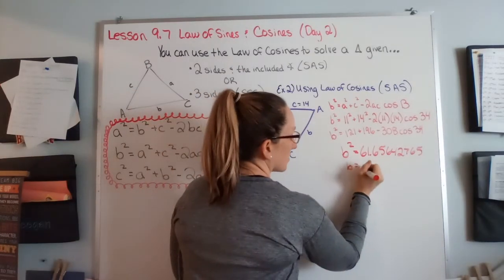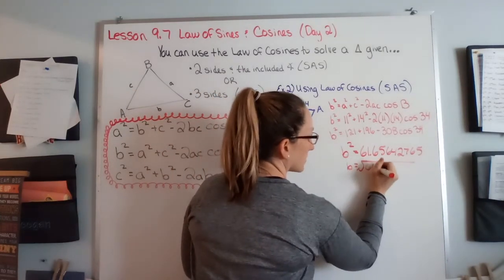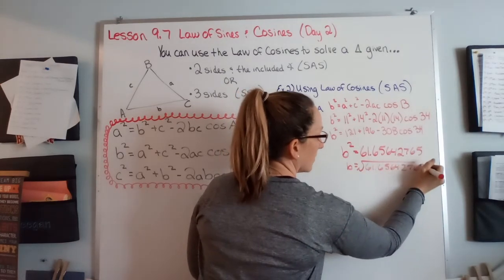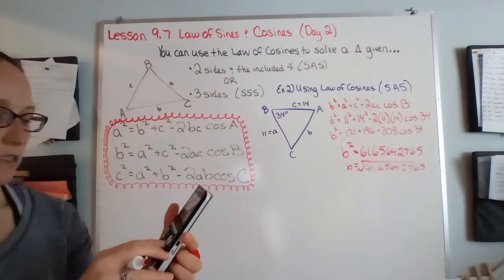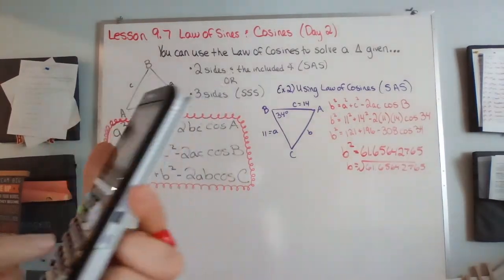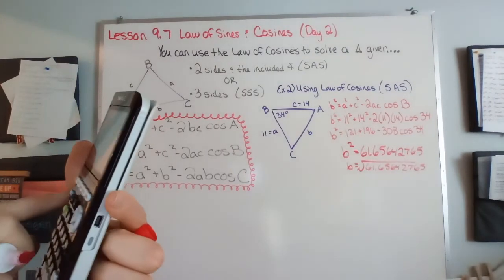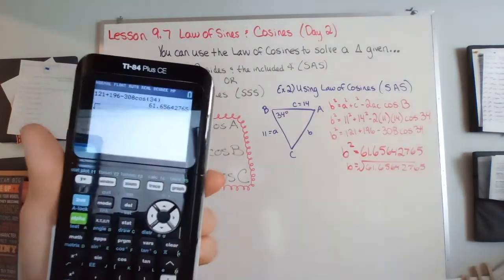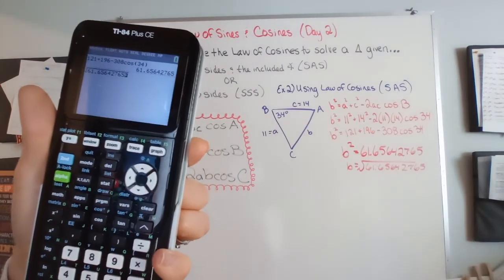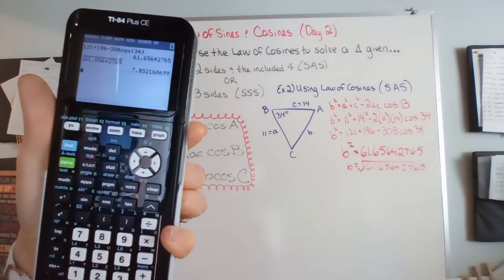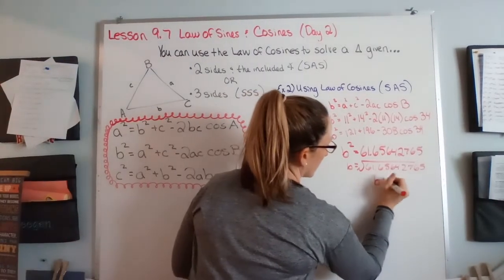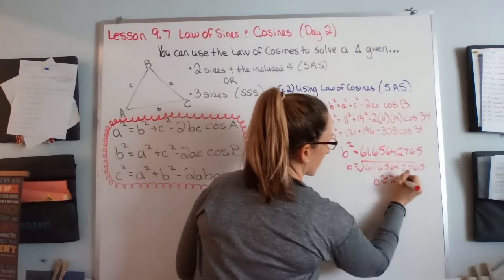So b is going to equal the square root of 61.65642765. We are going to approximate. In my calculator, I'm just going to do second, x squared. Then go up and grab that decimal and bring it down. Push enter again, and you get approximately 7.9. So b is approximately 7.9.